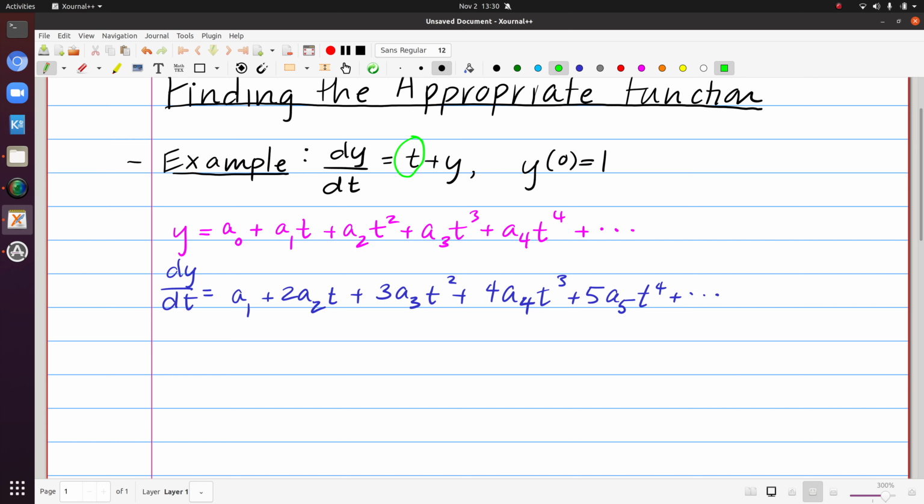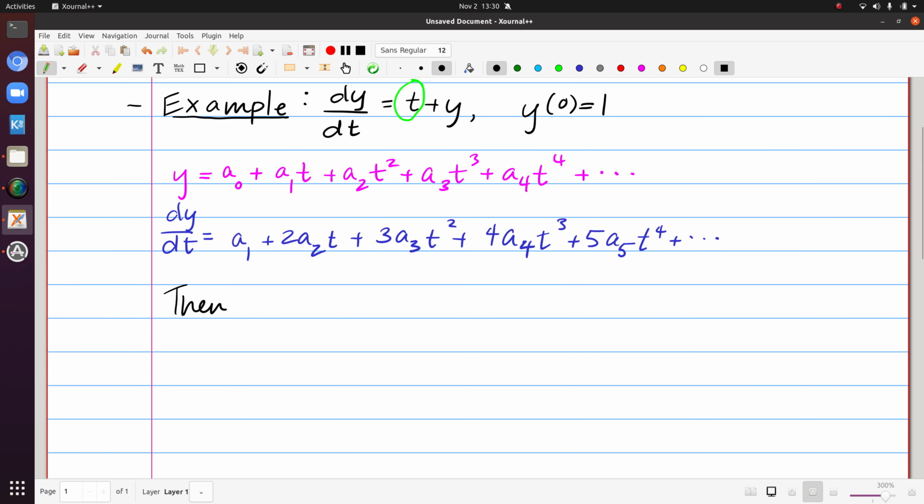So when I put these two together, that means that dy dt goes on the left. That's the blue equation. So that's going to be a1 plus 2a2t plus 3a3t squared plus 4a4 t cubed plus 5a5 t to the fourth, and so on, equals t plus the pink equation.